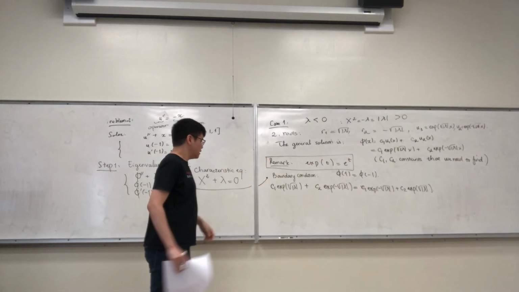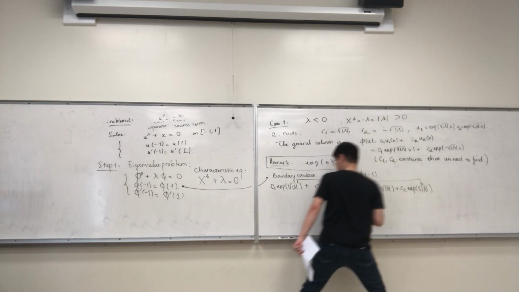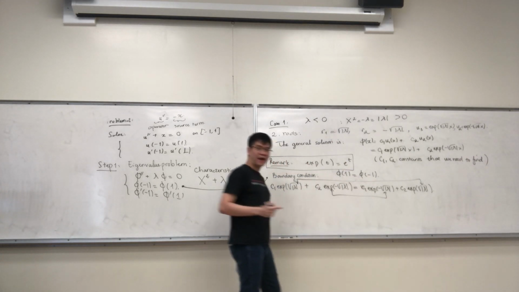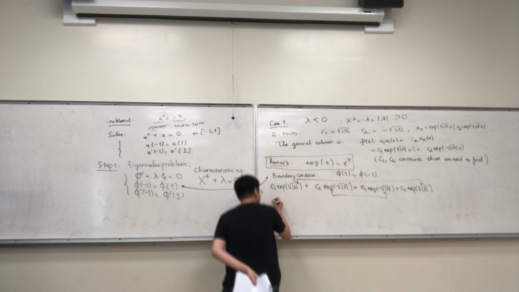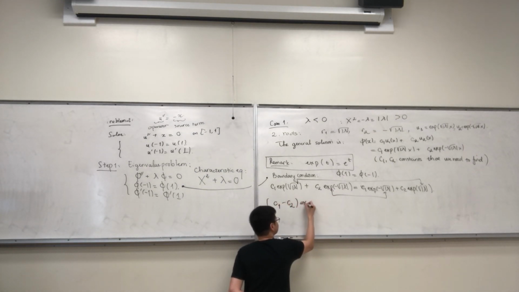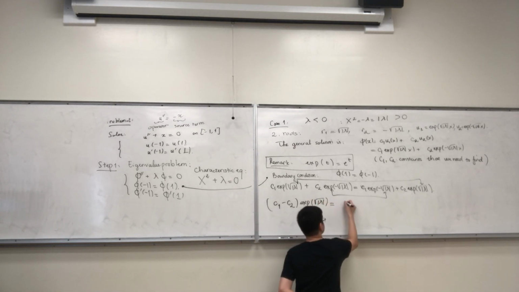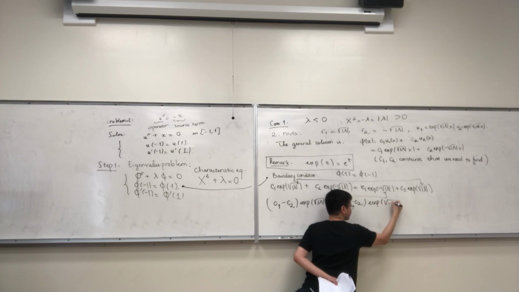Questions? Now I see that here you have the same exponential, so I'm going to group them together. I have c1 minus c2 exponential of square root of lambda is equal to c1 minus c2 exponential of square root of lambda.